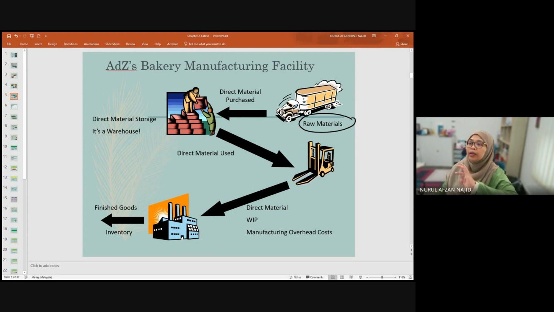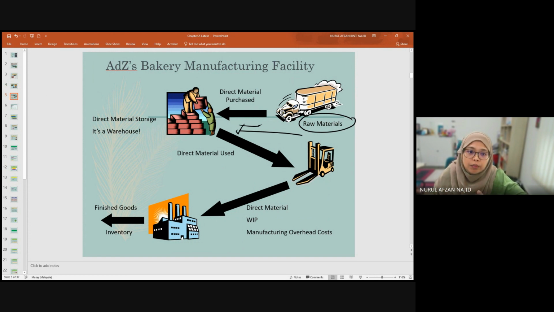Okay, contoh kita nak buat cake tadi tu, so kita akan order tepung, kita akan order egg, kita akan order fruit jam, baking powder and so on from the supplier. Okay, so supplier will deliver the raw material into the warehouse. So dekat dalam production akan ada satu center kita panggil sebagai store, alright, ataupun warehouse, yang mana store ini adalah untuk kita simpan all the material, okay, stok kita.